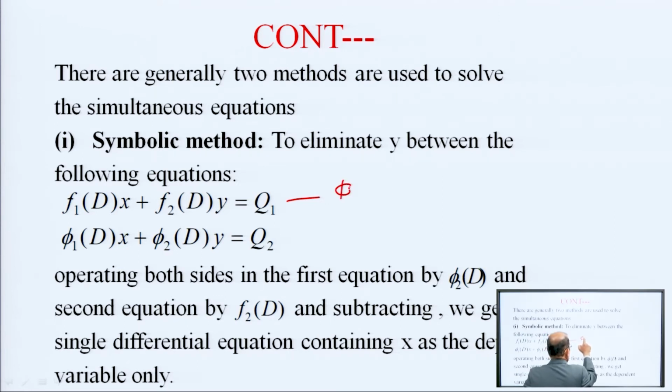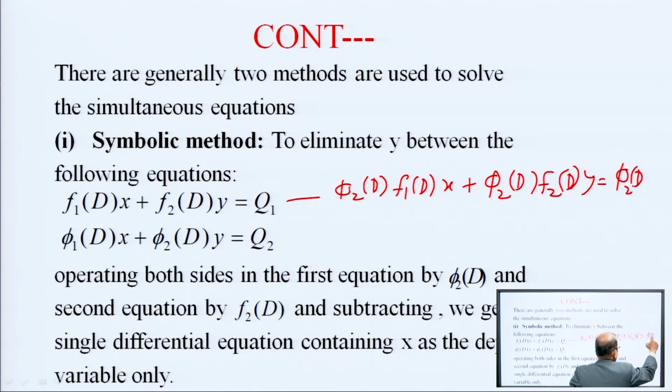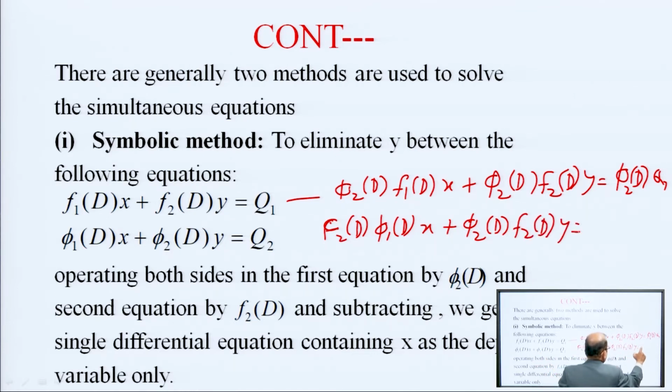Means here we have phi 2 D f1 D x plus phi 2 D f2 D y is equal to phi 2 D q1, and f2 D phi 1 D x plus f2 D phi 2 D y is equal to f2 D q2.